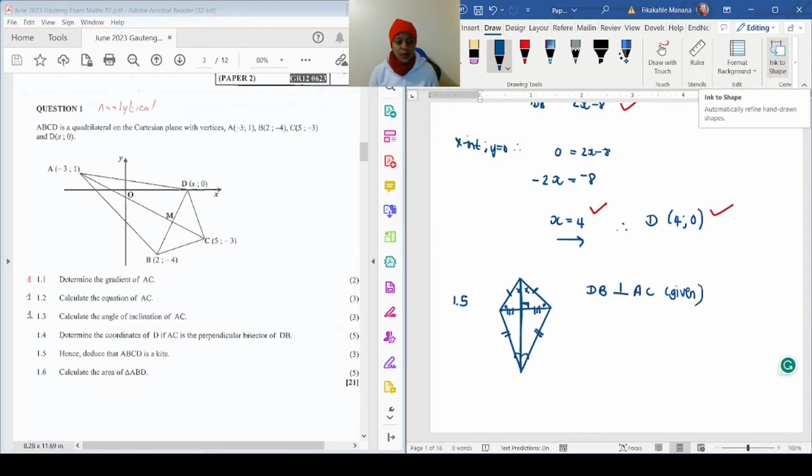Remember, we were also told that AC is a perpendicular bisector. Not only is it perpendicular to DB, but it bisects DB or BD. So if I were to label this, that's C, D, A, B, and that's M. So basically DM is equal to MB.